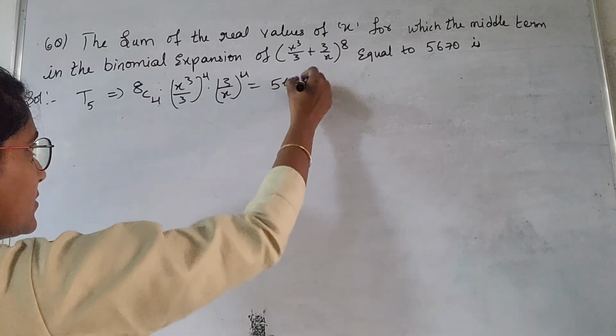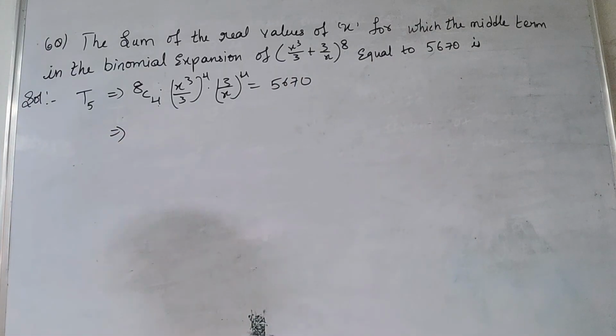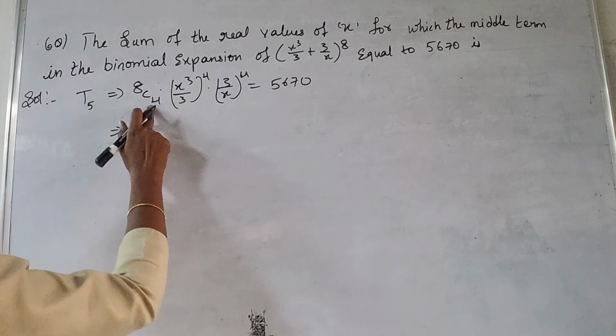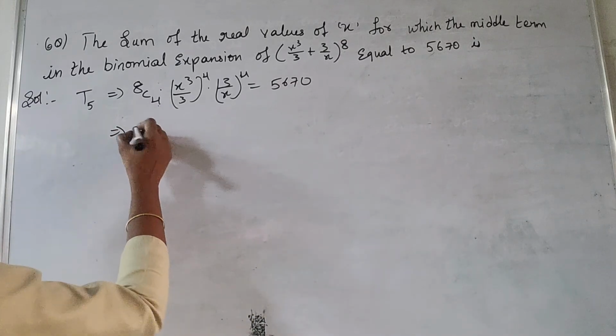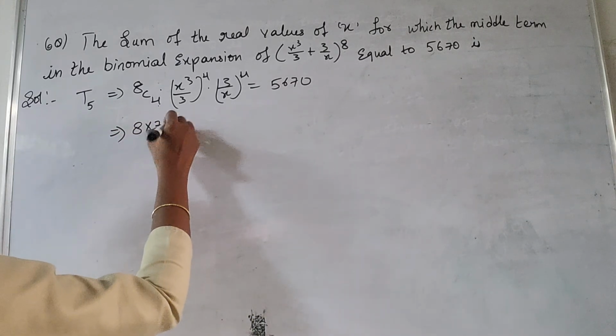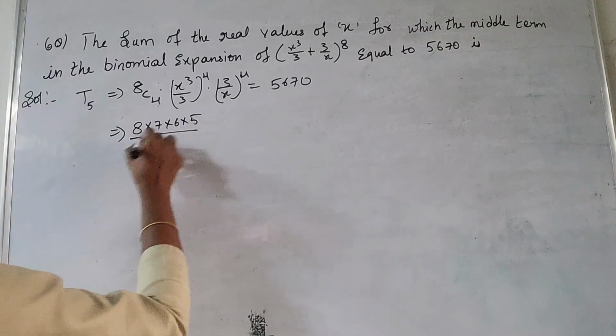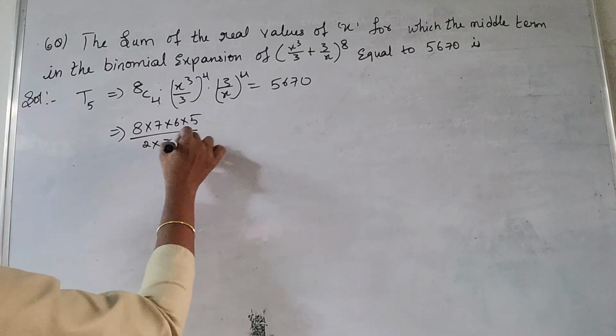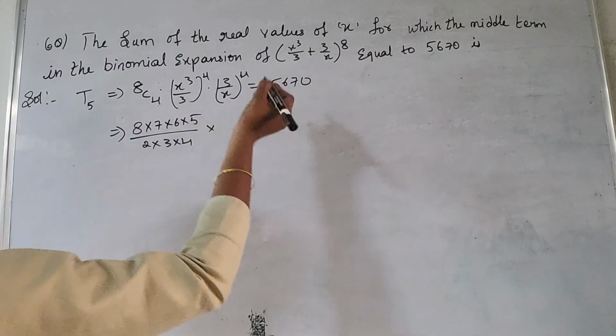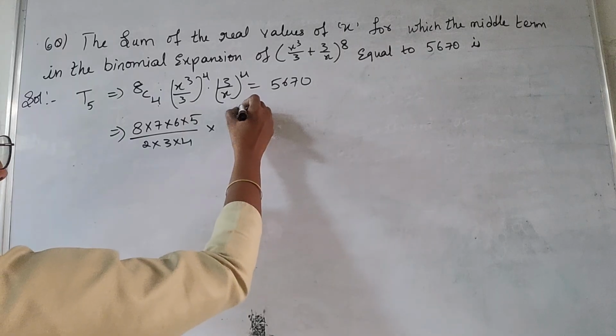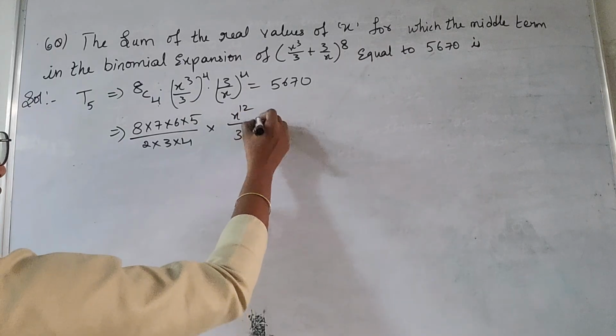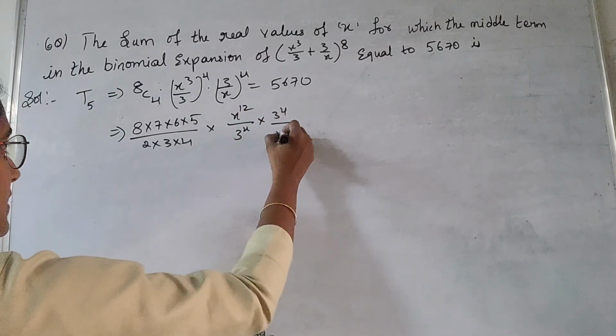then that is 5670. Then here I am going to calculate, here it is 8, so 8C4, so 8, I have to write 4 numbers as back, 8, 7, 6, 5 by 1, 2, 3, 4. One is no value, like if I multiply also something, x power of 12 by 3 power of 4 into 3 power of 4 by x power of 4.